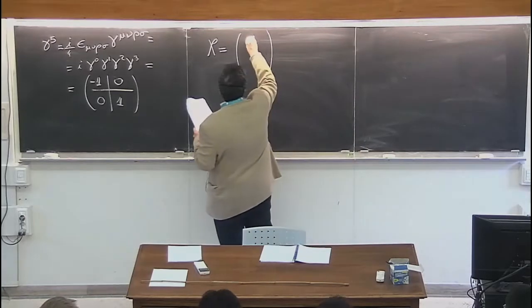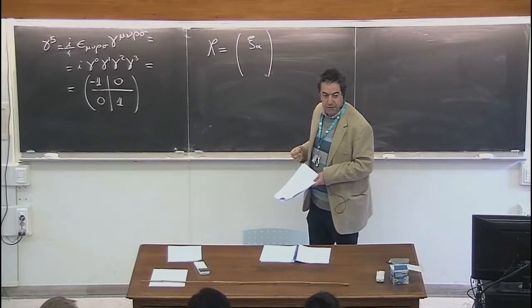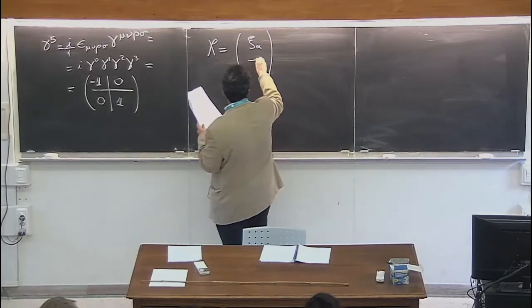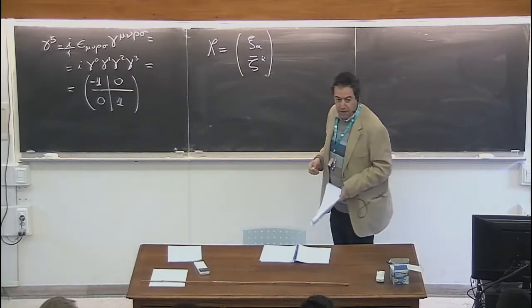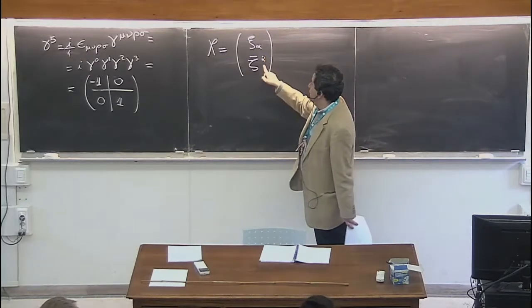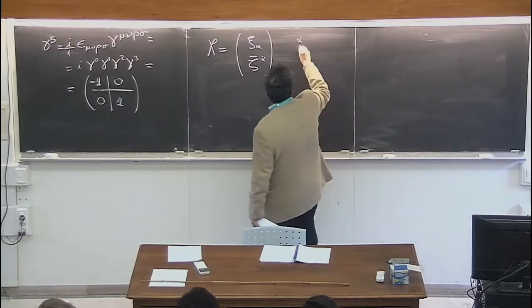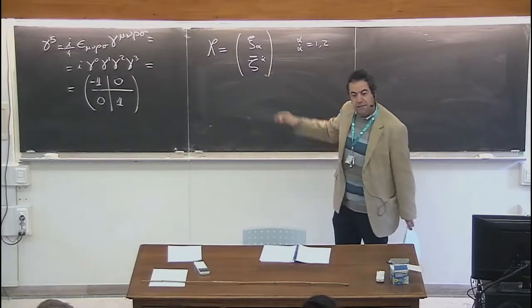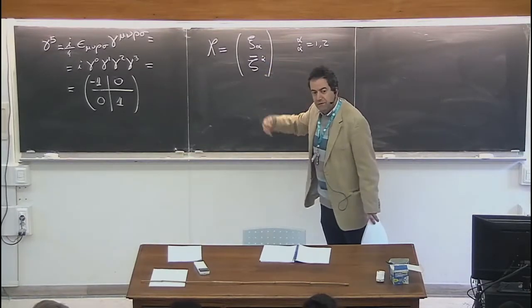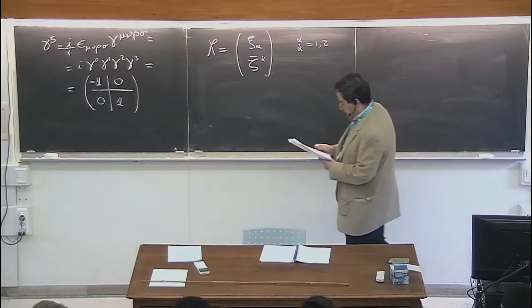They consist of an upper component consisting of a two-component spinor and a lower part consisting of another two-component spinor. We call the two indices in a different way, alpha and alpha dot. They run from 1 to 2. This is the Van der Waerden notation, but it's widely used.